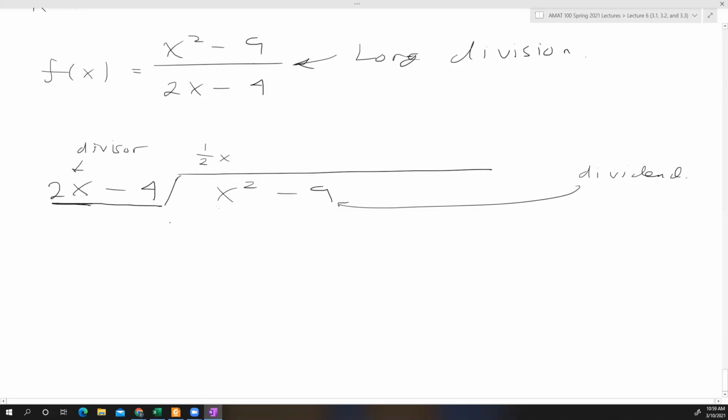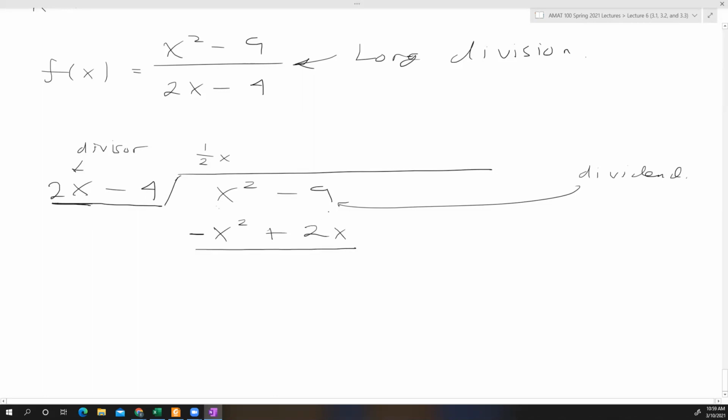So that gives you x squared, and then you subtract that from the dividend. So 1/2 times x times this will be x squared, but then you negate it. And then 1/2 x times 4 is going to be 2x, but then you negate it, so it becomes a positive 2x.